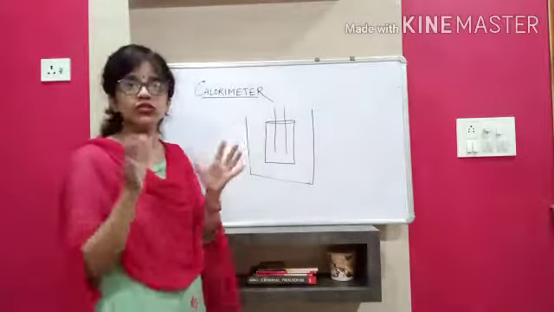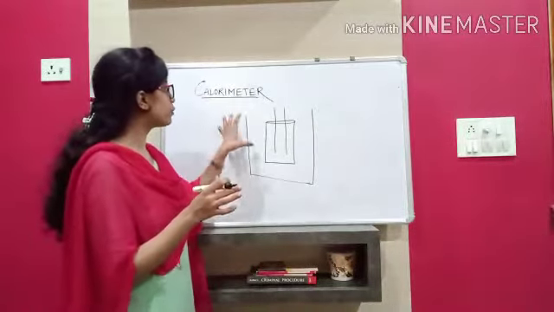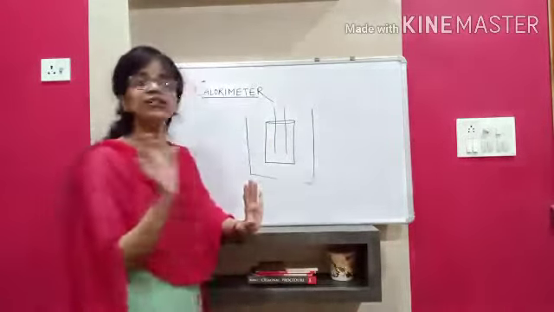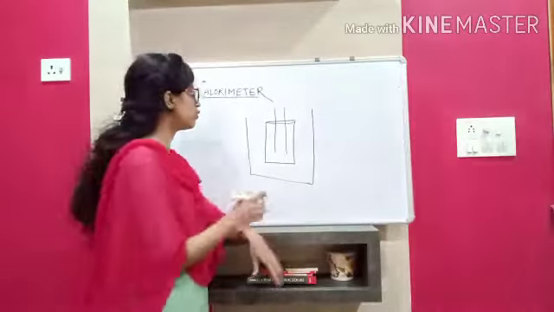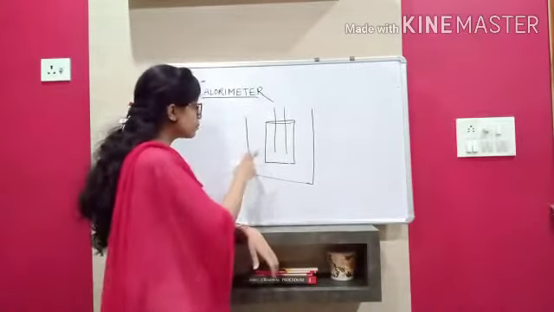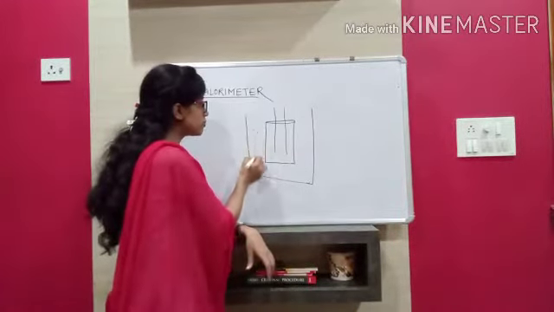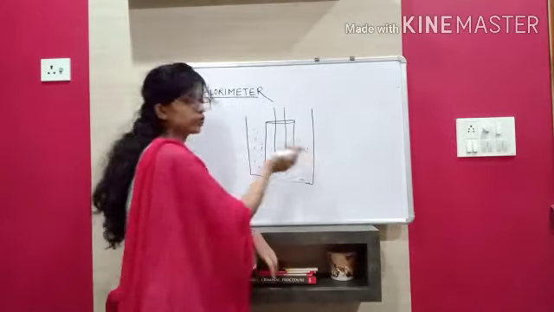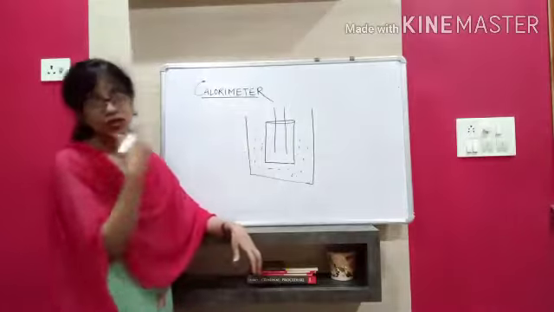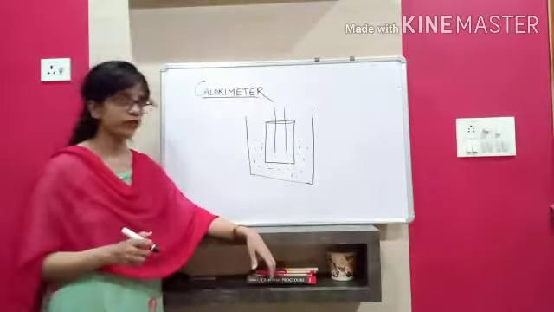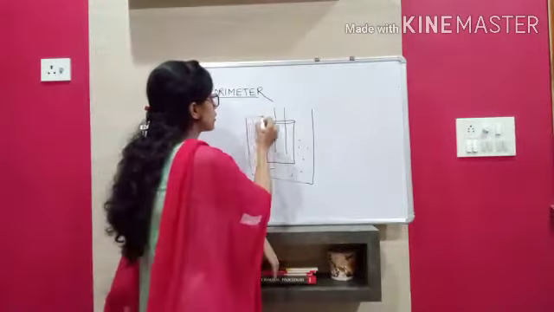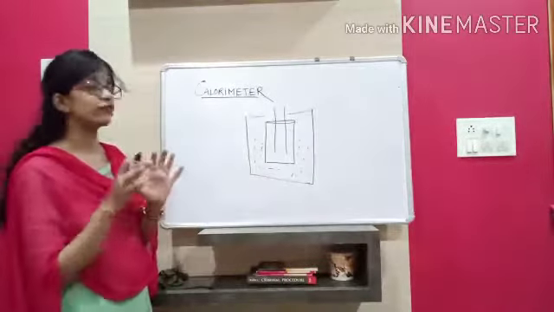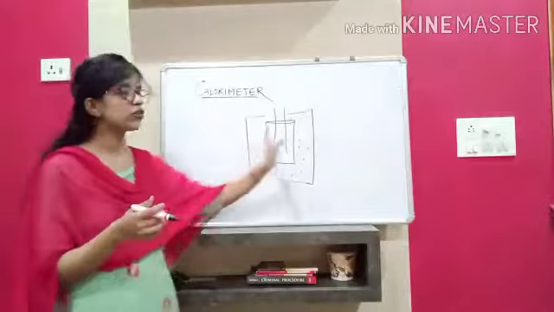To secure it from that, we put it into the wooden box to isolate it from the surroundings. Also, between this wooden box and this copper vessel we put some cotton, or some other bad conductor of heat. You can leave it like that also, because air is also a bad conductor of heat. And then we place a lid so that it is all isolated from the surroundings and no heat loss should be there.